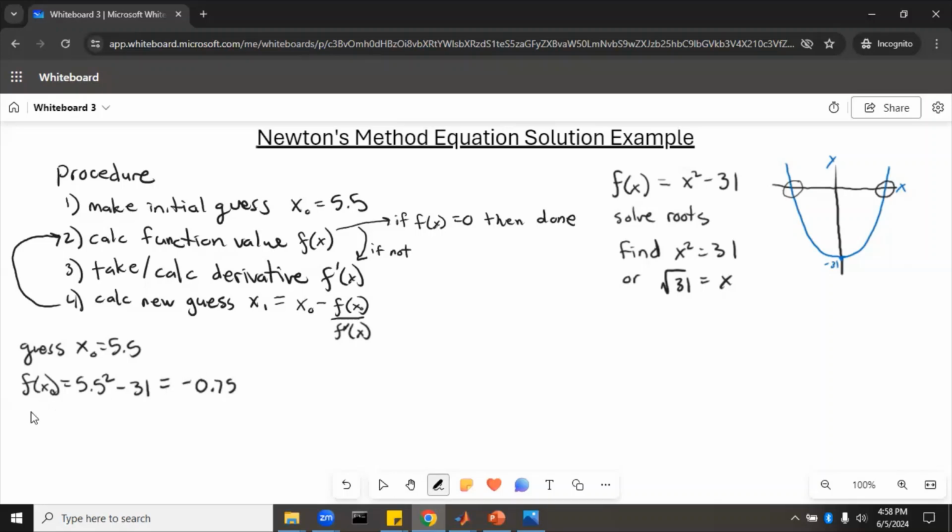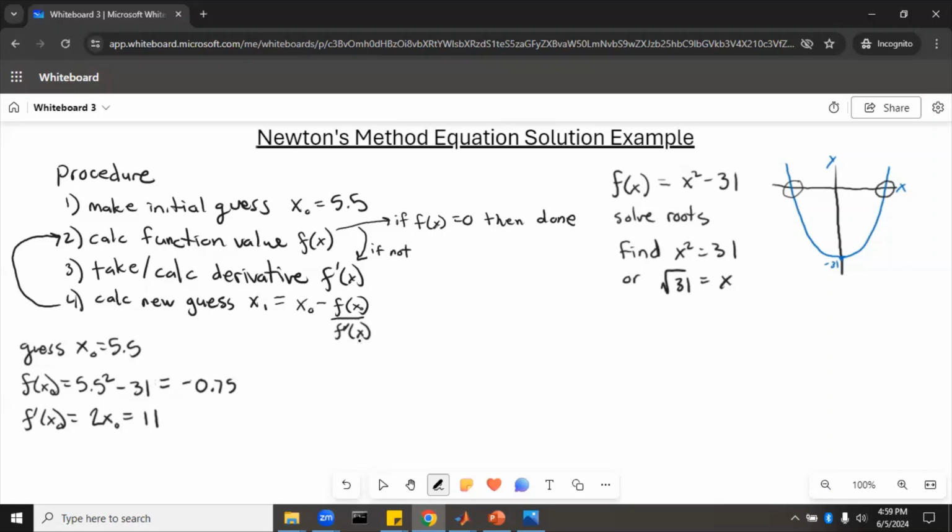So we will now calculate the derivative. F prime of x, the derivative of x squared minus 31, is just 2x. So f prime of x initial is 2 times x initial, which is 2 times 5.5, equals 11. So that is for our first time.